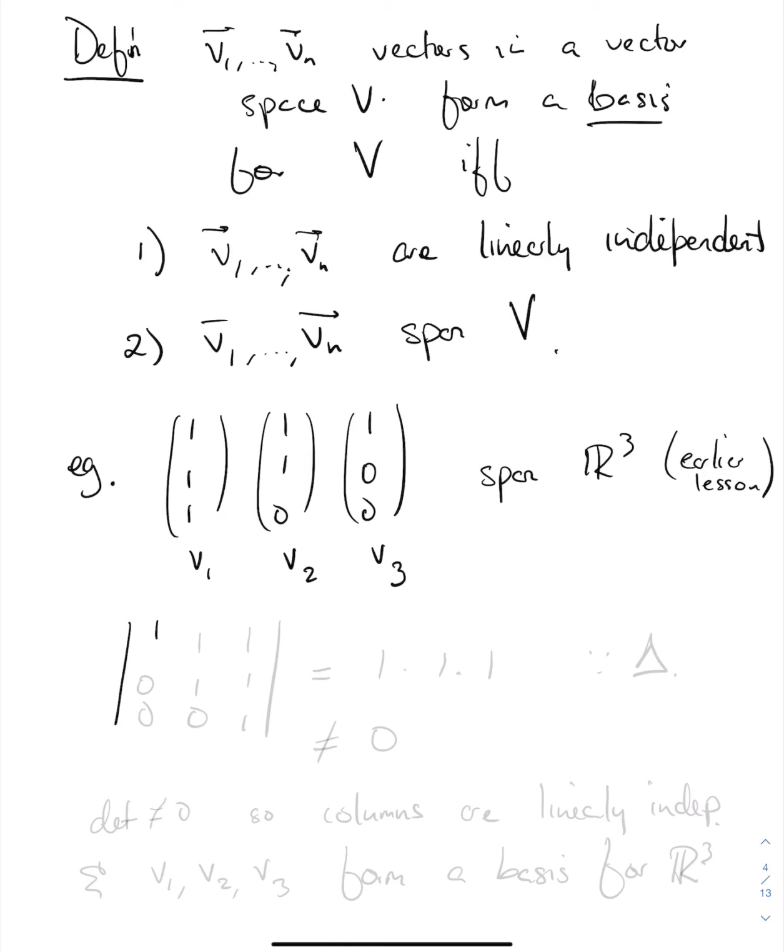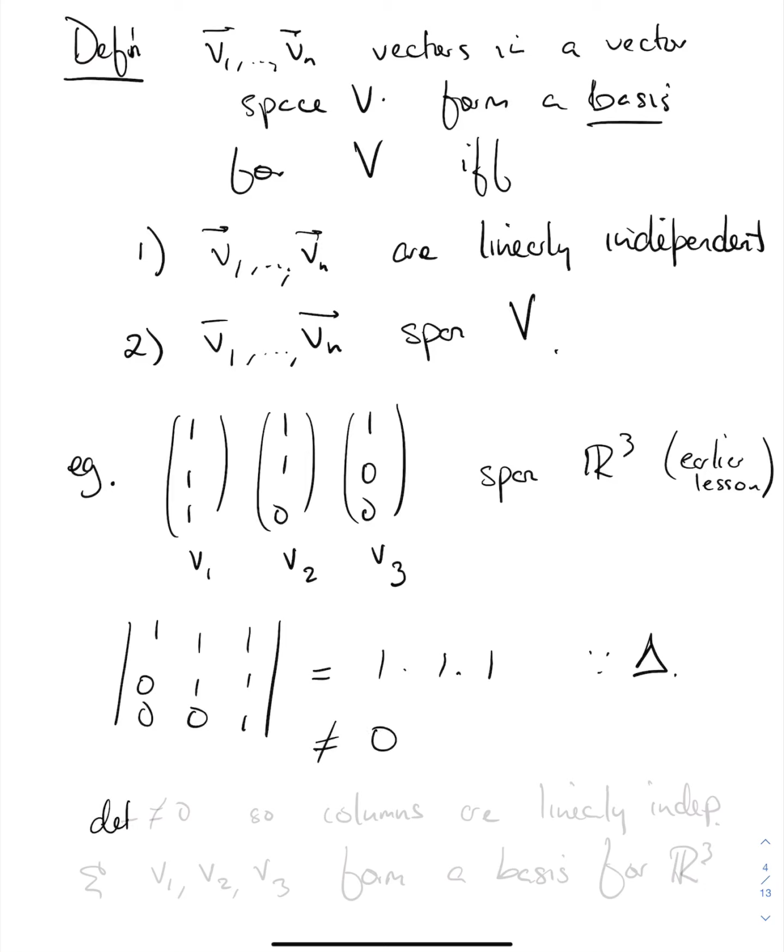So if we took a matrix where these vectors form the columns and I found the determinant, well, because it's triangular, the determinant is just the product of the diagonal entries. And this, my friends, is not 0.